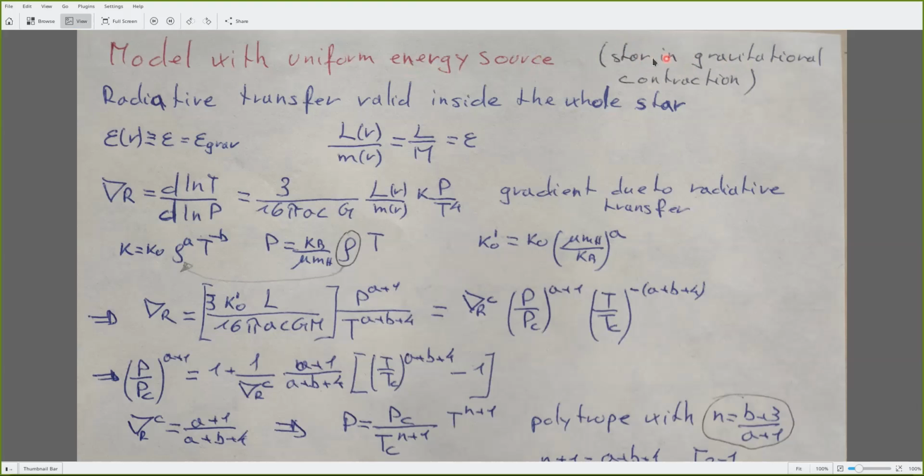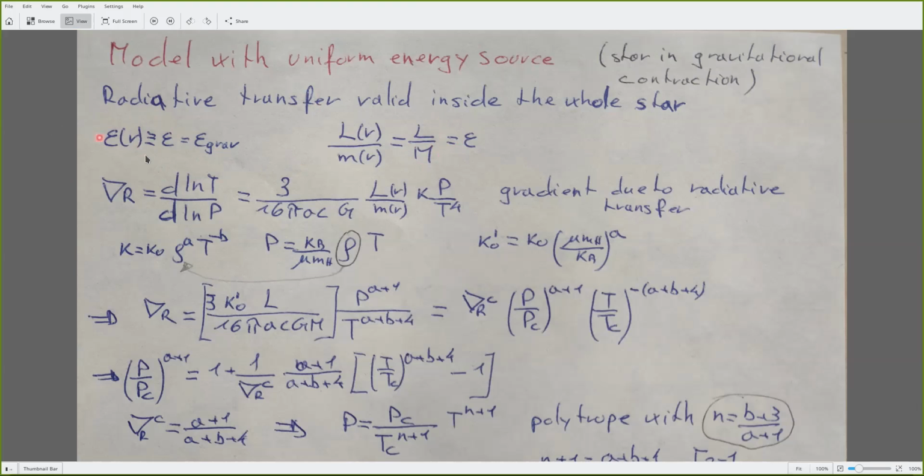It's uniform. So we can suppose this one, and suppose radiative transfer inside the whole star. This is to simplify. Otherwise, you have to consider the convective transport and the limit to the gradient and so on.